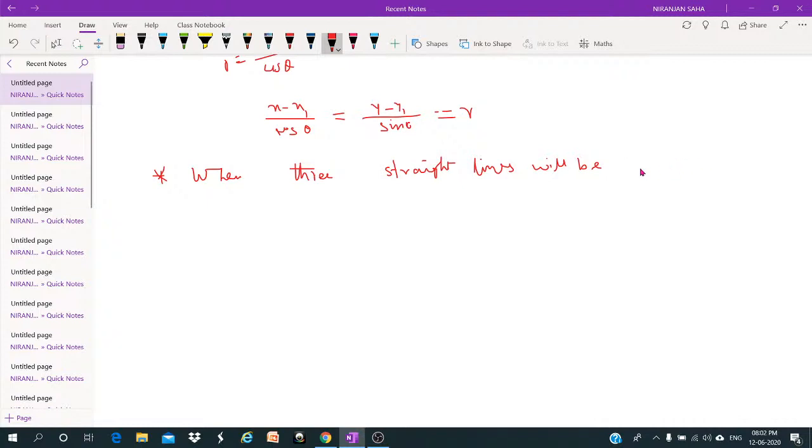Concurrent. There is a single point through which all the straight lines pass.